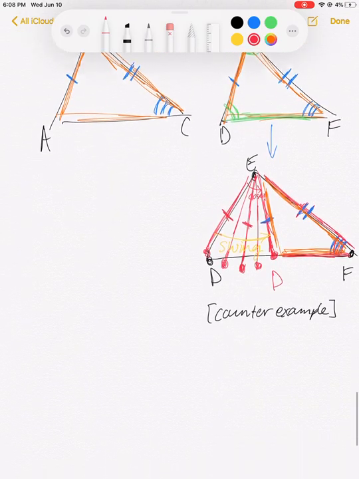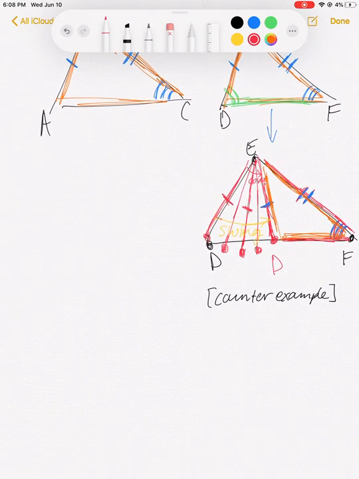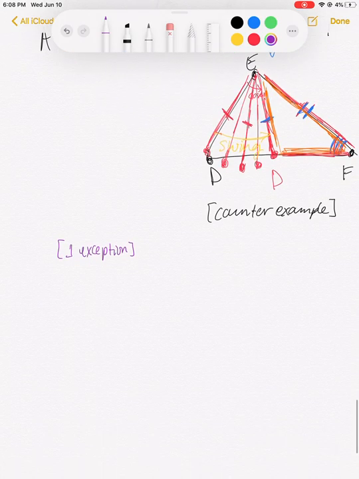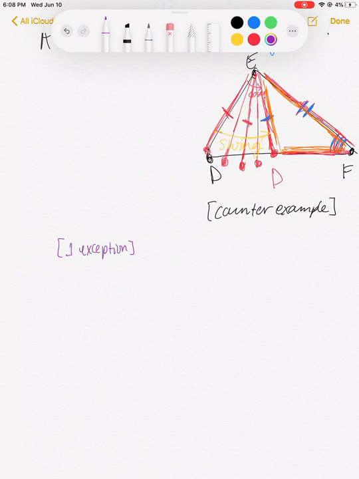But there is actually one exception. Any two sides and any angle not included in the middle don't work except for one thing, one exception. If I have a right triangle, I'm going to draw a right triangle ABC here.